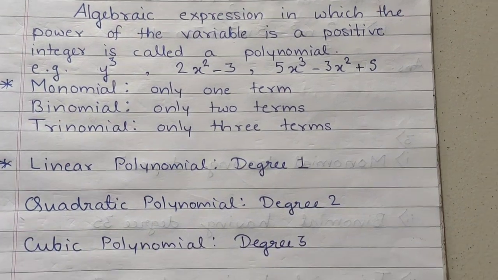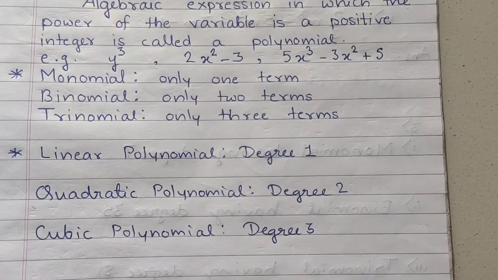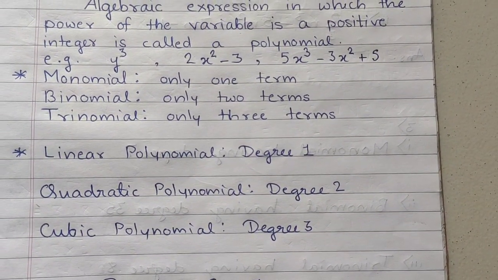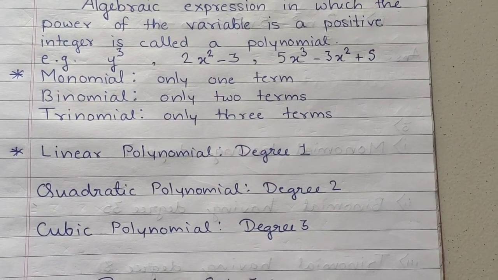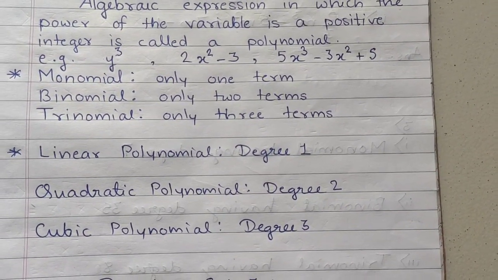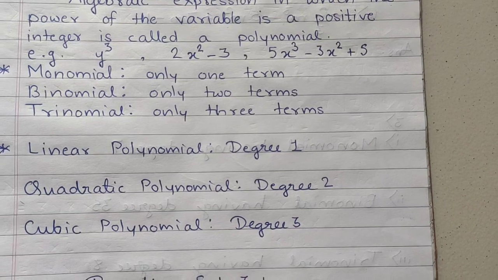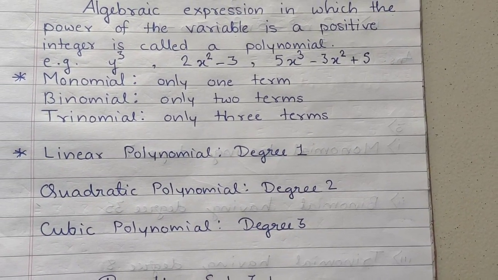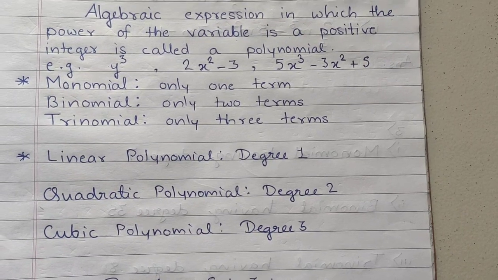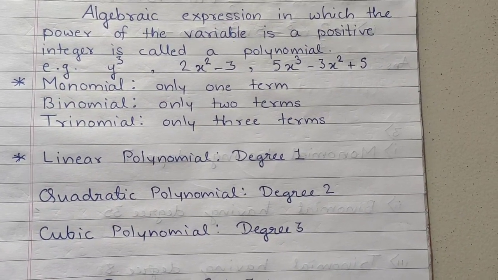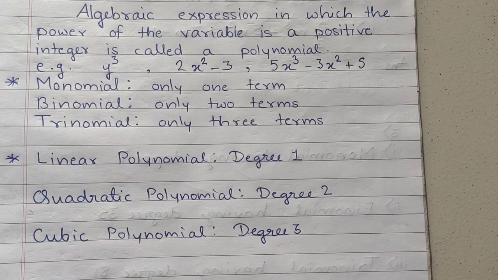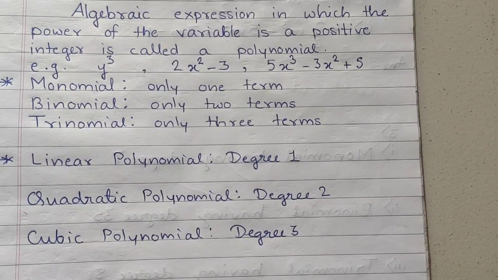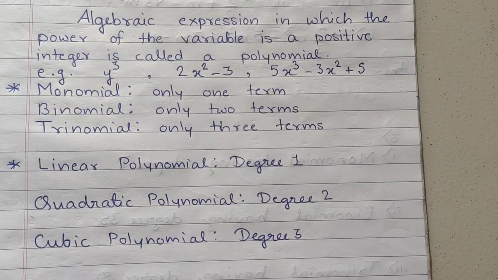Now coming to the next topic: linear polynomial, quadratic polynomial and cubic polynomial. You can see I have written the definition. Linear polynomial means degree 1, quadratic means degree 2 and cubic means degree 3. Now what is the meaning of degree? Degree means basically the highest power of the polynomial.